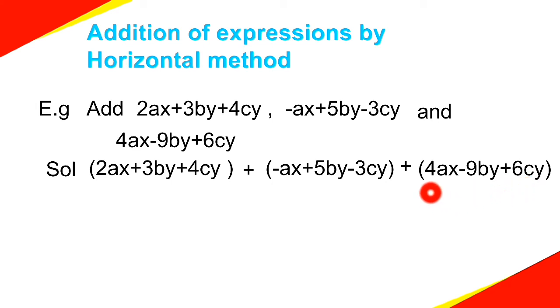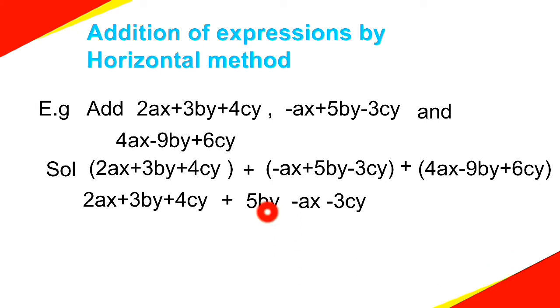Now these three terms are separated by a symbol minus and plus. Now remove the brackets. 2ax plus 3by plus 4cy plus 5by minus ax minus 3cy plus 4ax minus 9by plus 6cy.